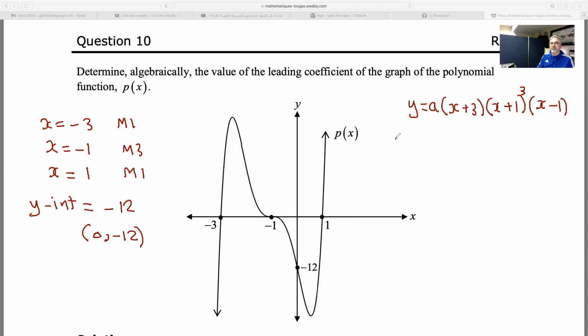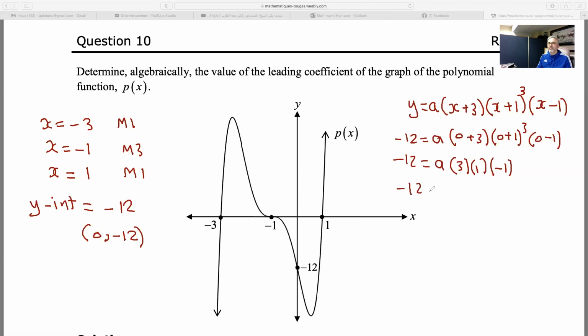So -12 equals a, substituting 0 for x, because that's the x-coordinate: (0 + 3)(0 + 1) cubed (0 - 1). 0 plus 3 is 3. 0 plus 1 is 1. 1 cubed is just 1, and then -1.